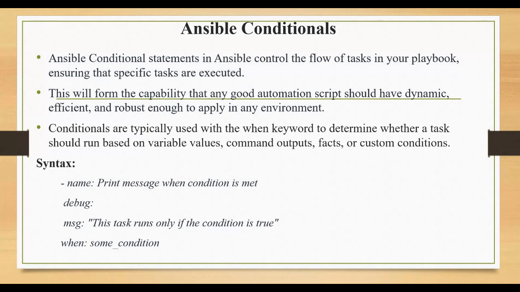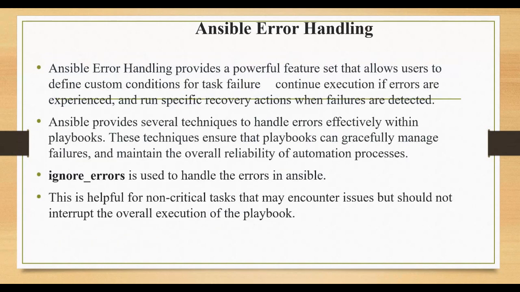The syntax is name, so we need to print the name and debug the message. What message should be run? The task runs only if the condition is true. That's the when, we need to mention the condition. So this is about Ansible conditionals.